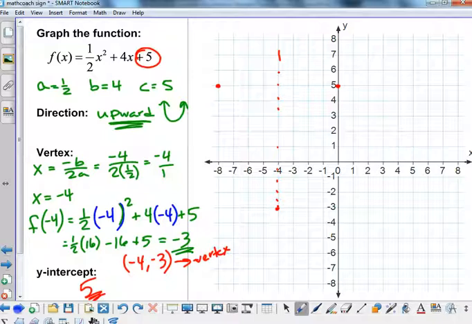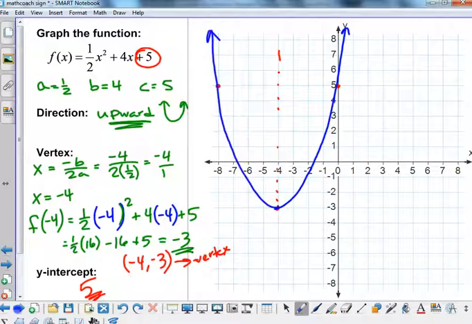And that gives us all that we need to graph our parabola. And let's see if I can sketch it real quickly. And again, I didn't do that perfectly, but it's just a rough sketch based on what we know, and it gives us a good idea of what the exact image of that parabola would be.